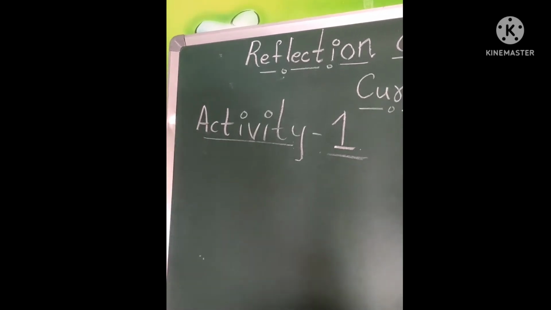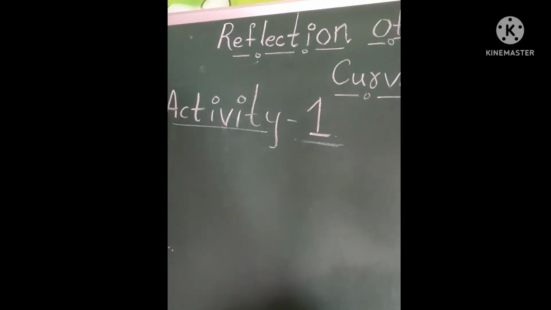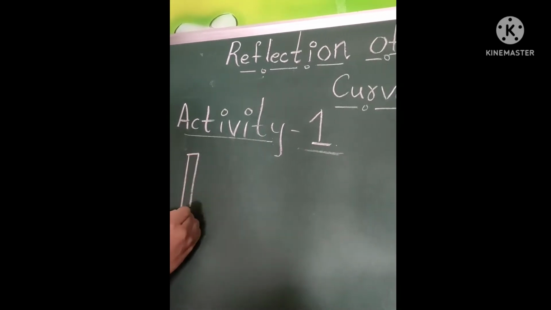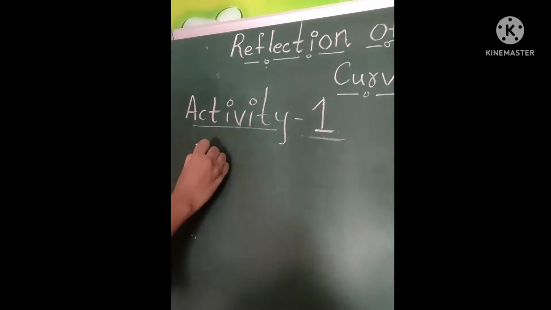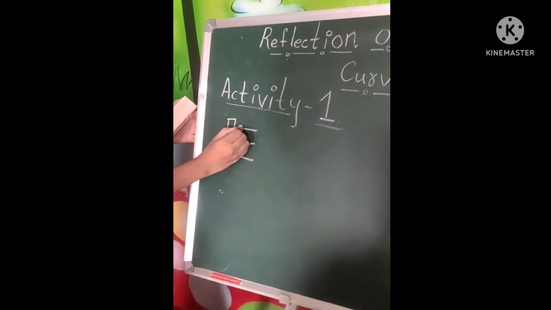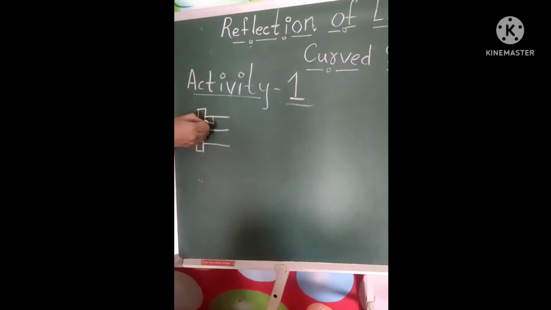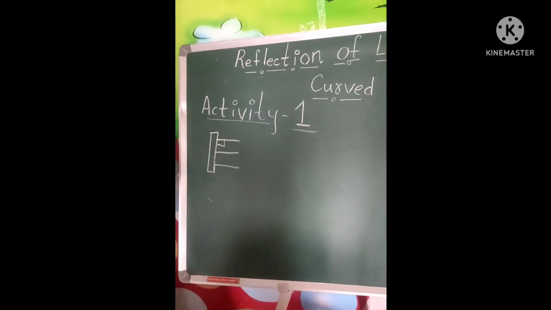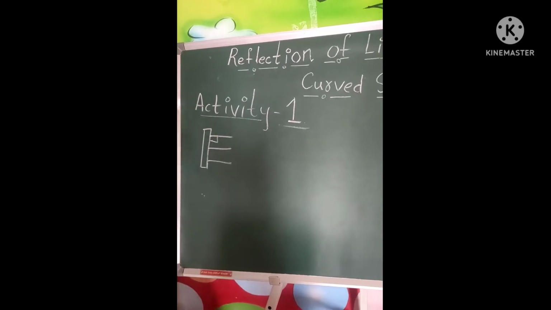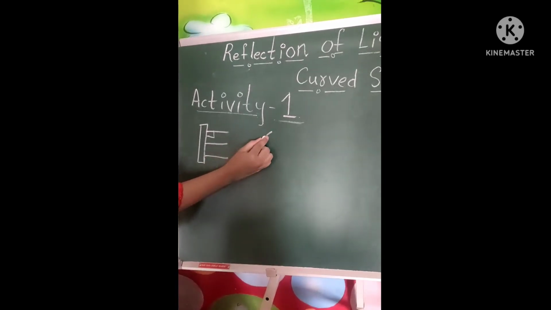Let's do activity 1 in our book. It's given that we take a small piece of foam and put pins into it, perpendicular to the surface. Now we consider this foam as a spherical mirror. We can tilt the foam, right?